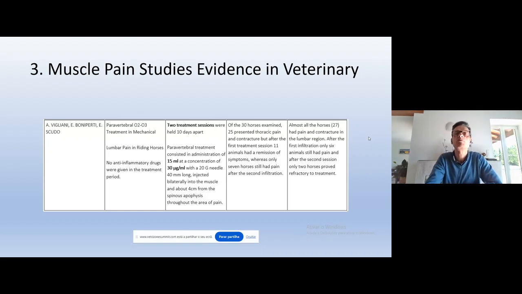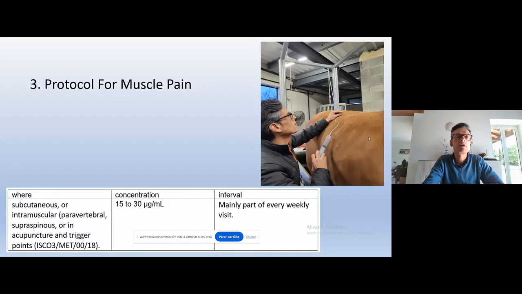So these are the studies that we have as evidence of using ozone with horses. And my protocol is more or less the same.